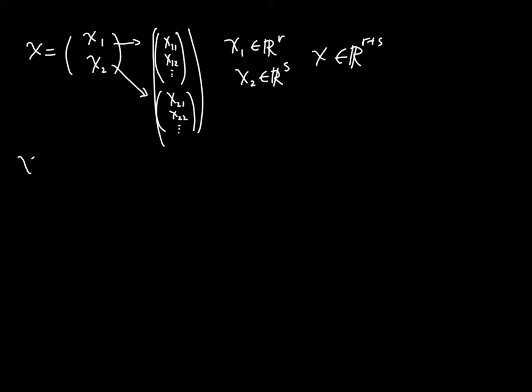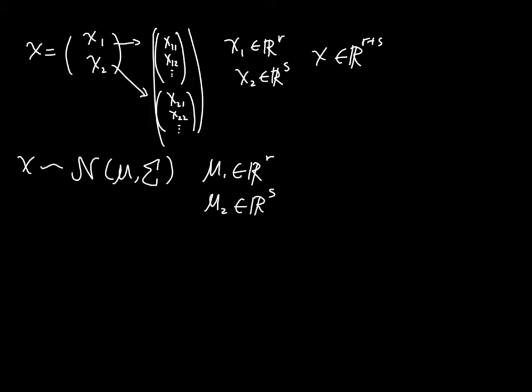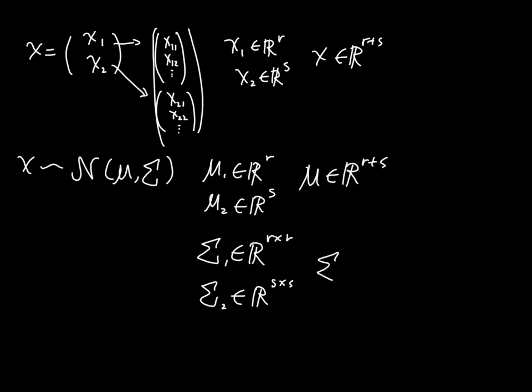Now we say x is from a Gaussian distribution with mean mu and covariance sigma. Then mu1 is in R space, mu2 is in S space, mu is in R plus S space, sigma 1 is R by R, sigma 2 is S by S, and sigma is R plus S by R plus S.